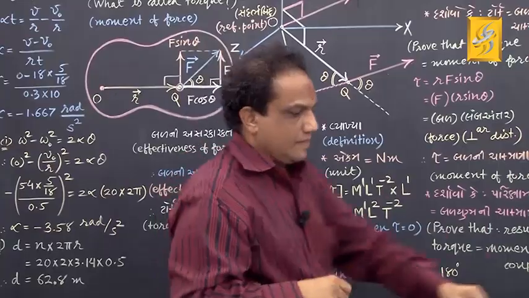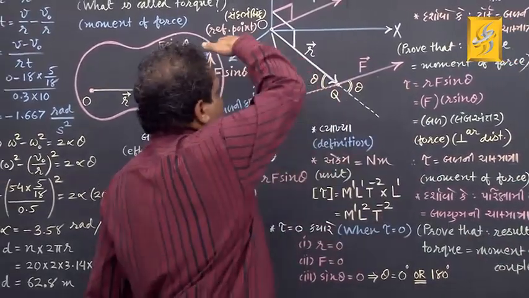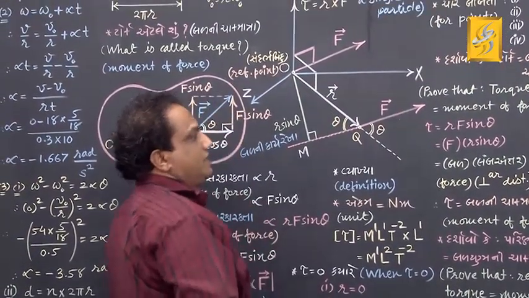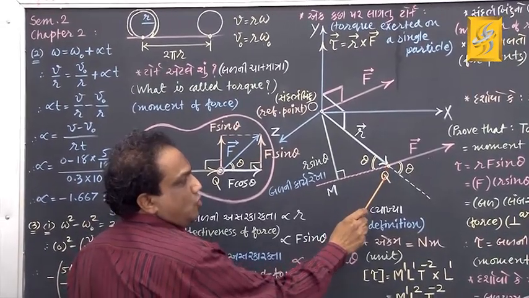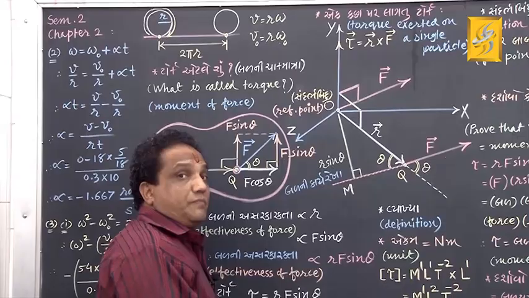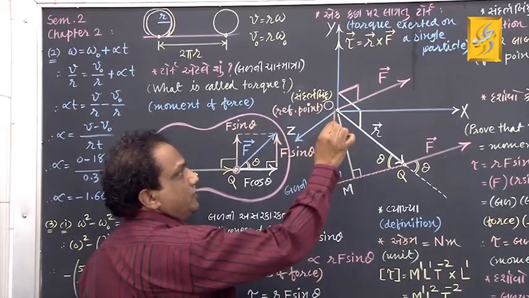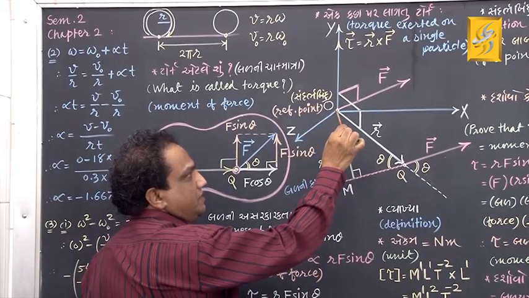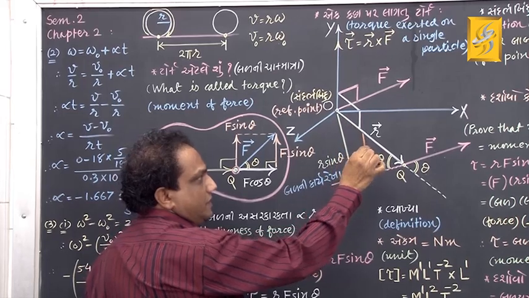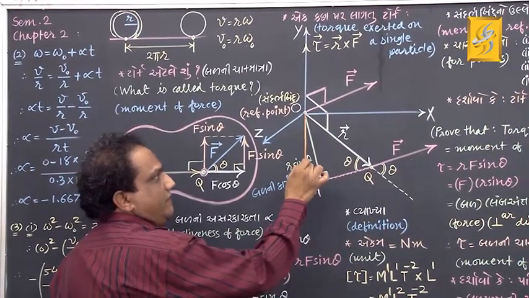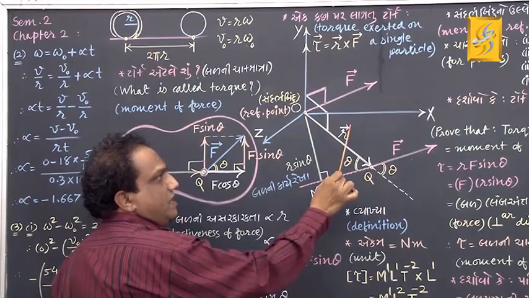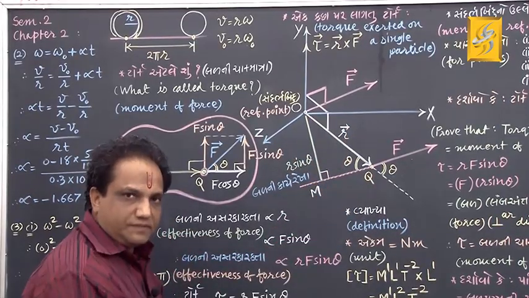Now, in this xz plane, you just consider a particle, say particle Q. Its position vector with respect to the origin is this vector OQ, and that vector is vector R, correct?